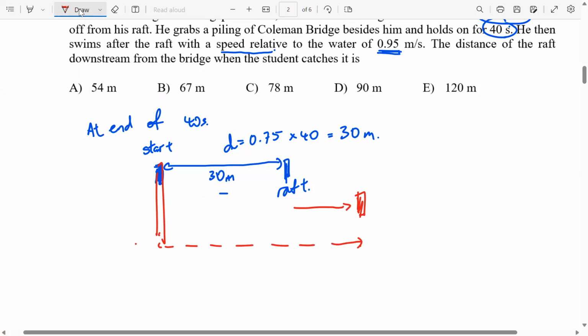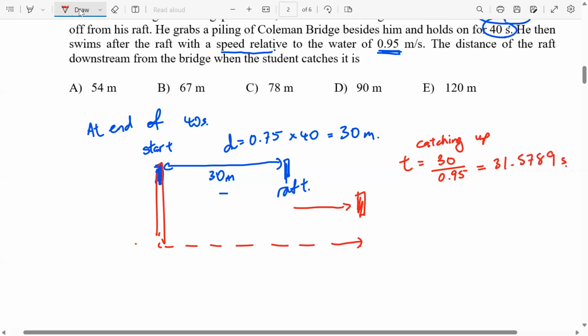For this extra 30 meters that he's going to catch up, the time taken to catch up will be 30 divided by 0.95, distance over speed. So you get 31.5789.